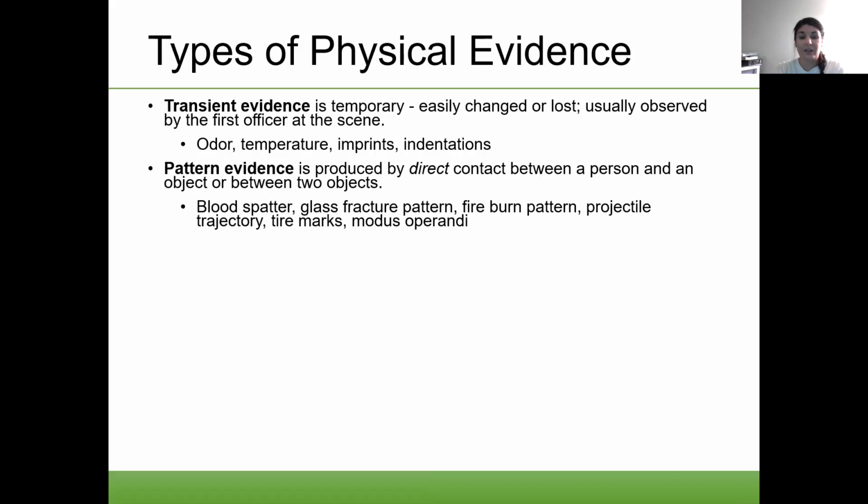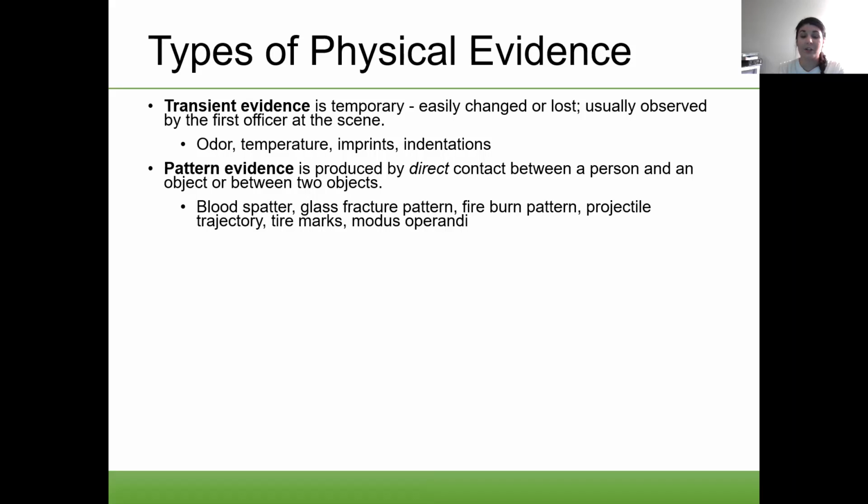Pattern evidence is produced by direct contact between a person and an object or between two objects. So blood spatter would be an object meeting a person, a knife hitting a person, causing blood spatter. Glass fracture pattern, let's say someone's fist hits the window and it has a fracture pattern.